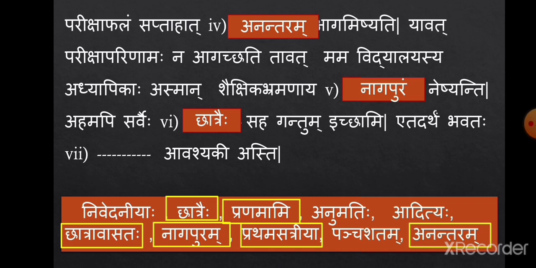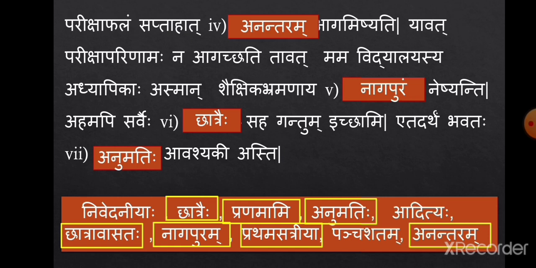Your permission is required for the same. And the missing word is permission. The Sanskrit word for the same is anumatihi, and the answer to the 7th blank is anumatihi.